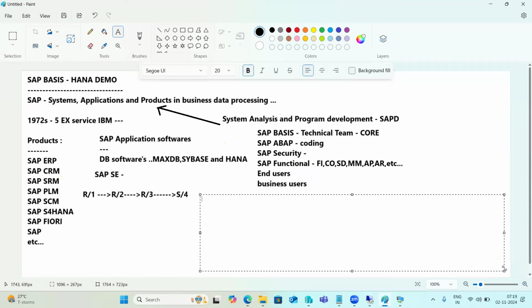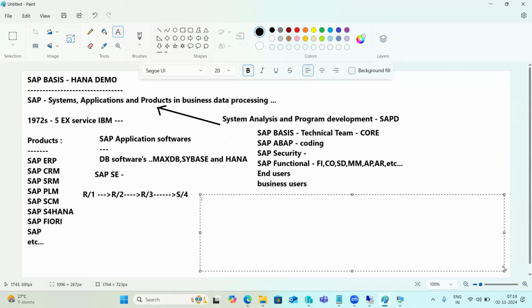All those things we have to perform as a Basis consultant: downloading the software, installation of the SAP applications, then doing the configurations, then go-live activities, then supporting the SAP systems, from start to end.